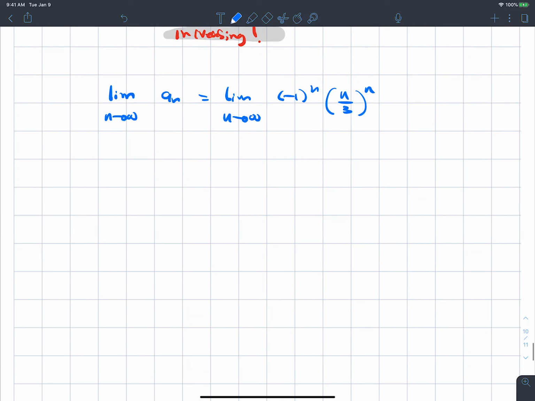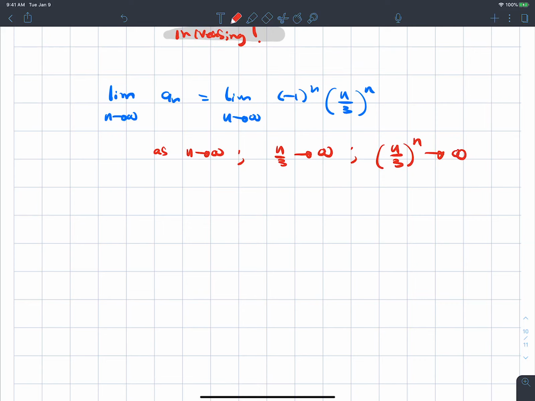All right, so here's what this means. As n gets big, n over 3 gets big, ladies and gentlemen, right? Which means n over 3 to the nth power gets big.